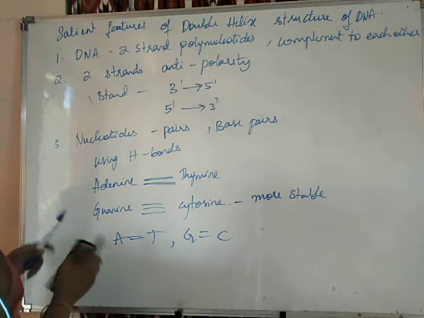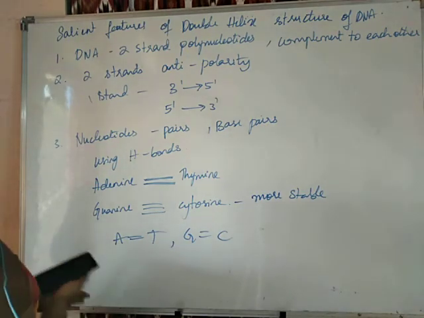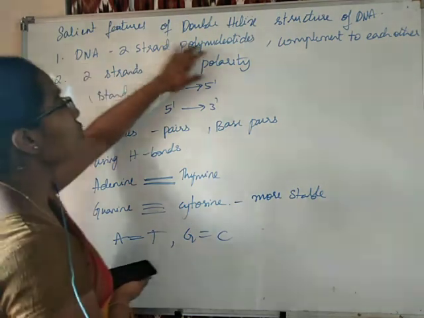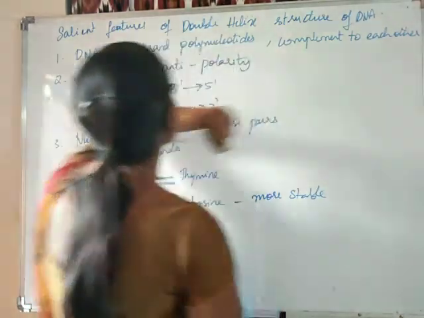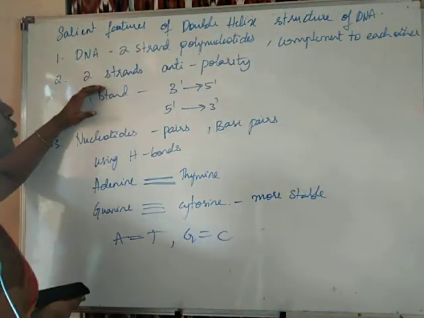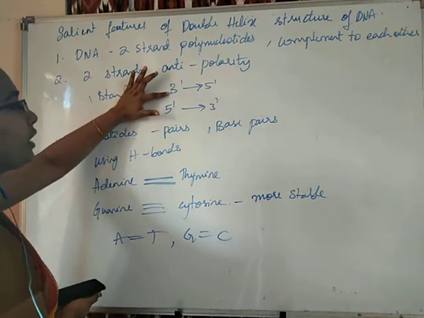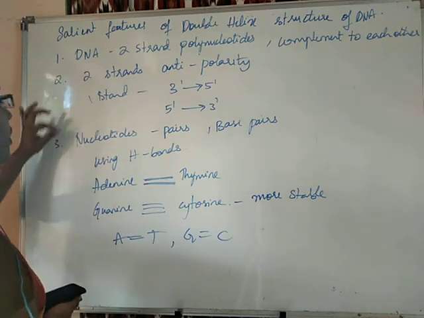Then let us see more features of the double helical structure of DNA. Before we continue, we will revise this once. DNA consists of two strands of polynucleotides which are complementary to each other. The two strands show anti-polarity. One strand runs from 3 to 5 direction, another strand runs from 5 to 3 direction.